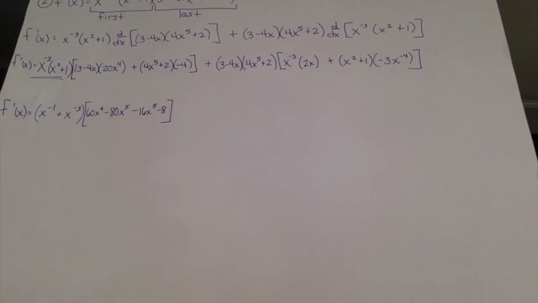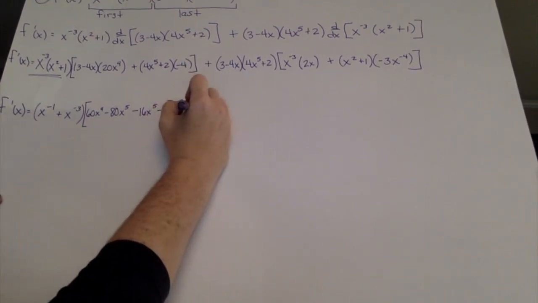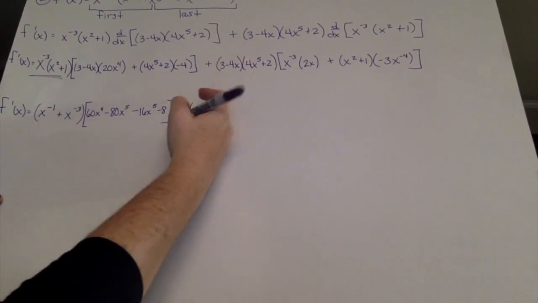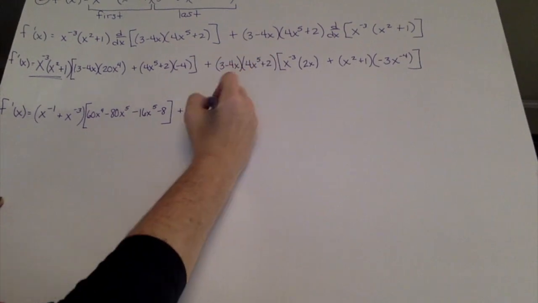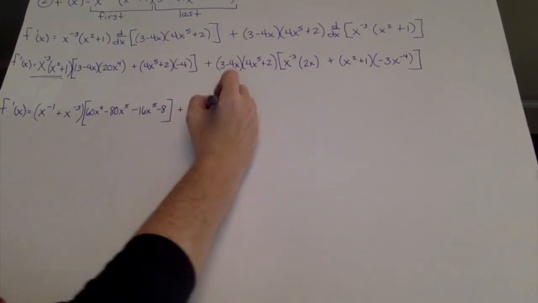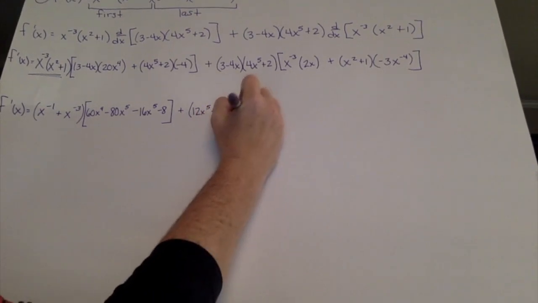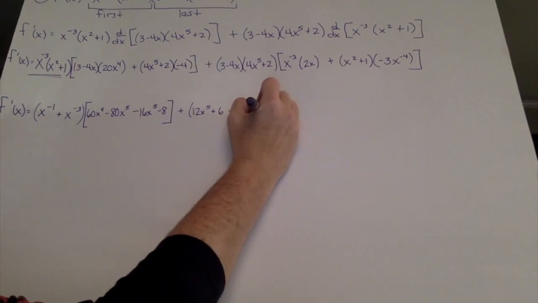Okay. Then here, again, we can go ahead and multiply those out. So 3 times 4x to the fifth is 12x to the fifth. 3 times 2 is 6. Negative 4x times 4x to the fifth is negative 16x to the sixth. And negative 4x times 2 is negative 8x.